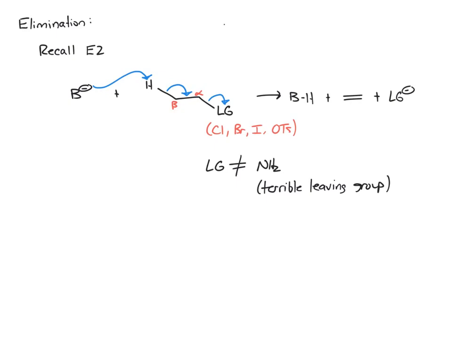So what then can we do to make nitrogen a better leaving group in order to be able to get an E2 type elimination? We can do this through a specialized type process known as the Hofmann elimination.